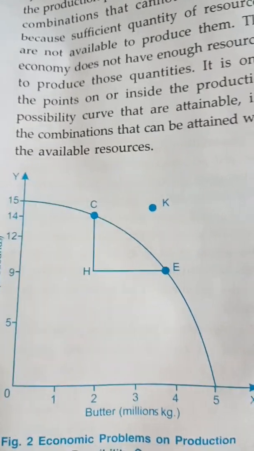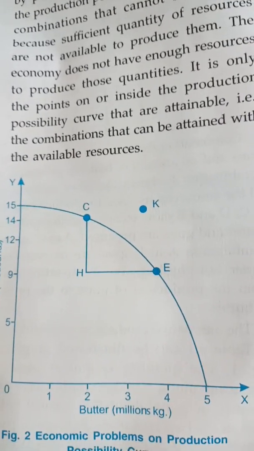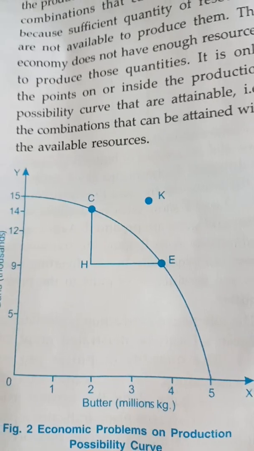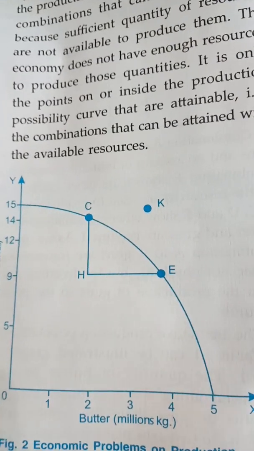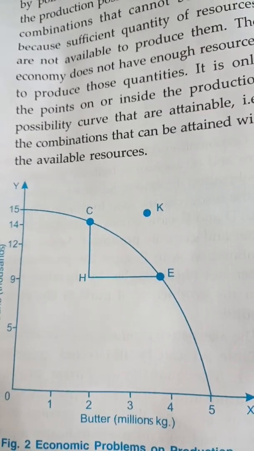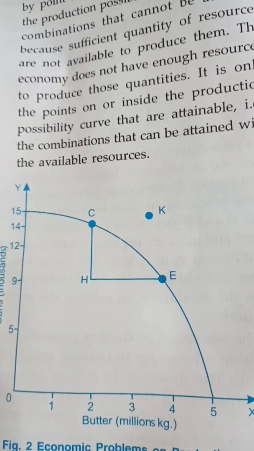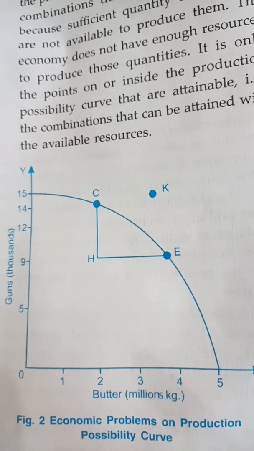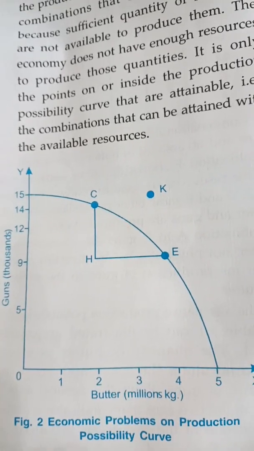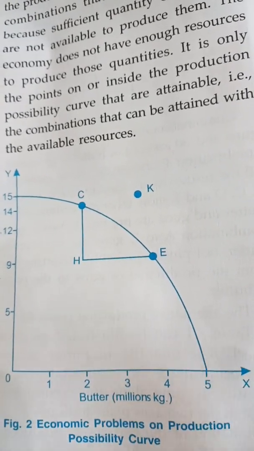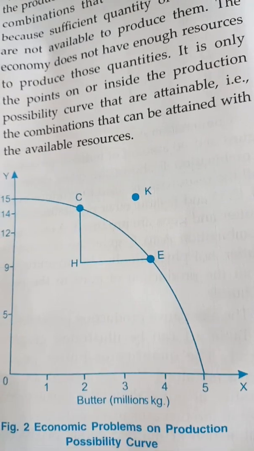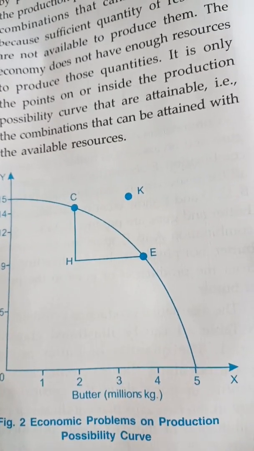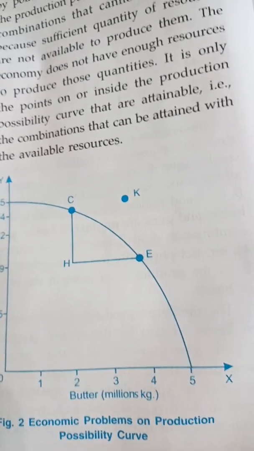Now, next problem, the problem of what to produce. Again, those two points C and E will show it. If point C is chosen, then more guns and less butter. If point E is chosen, more butter and less guns. Then the decision is regarding what to produce and how much to produce. What to produce?